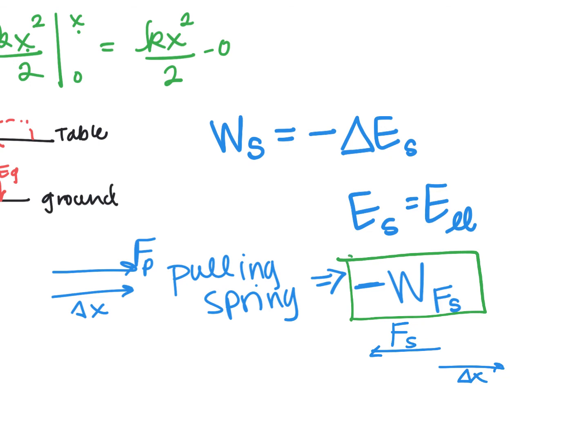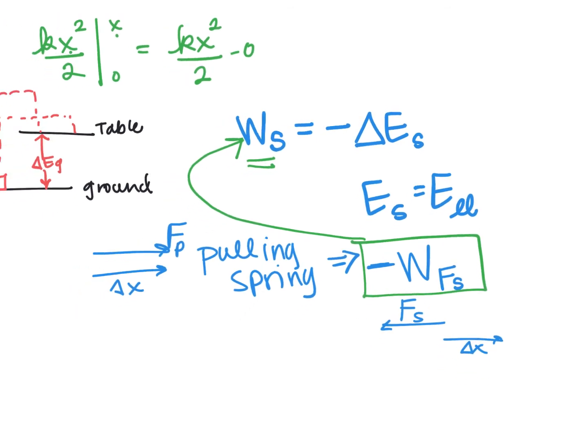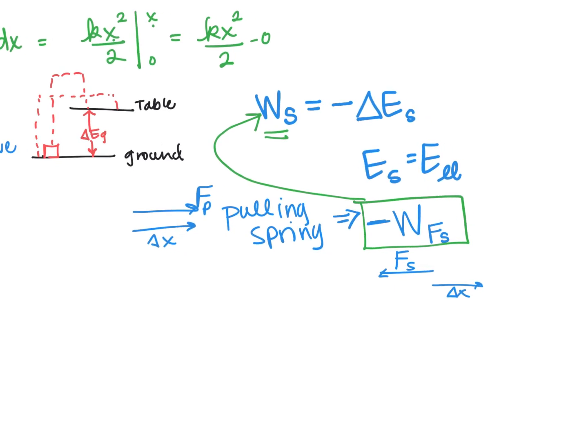So if the work done by the spring force is negative, then that means that the energy stored in the spring would be positive. So this results in a positive energy change in the spring.